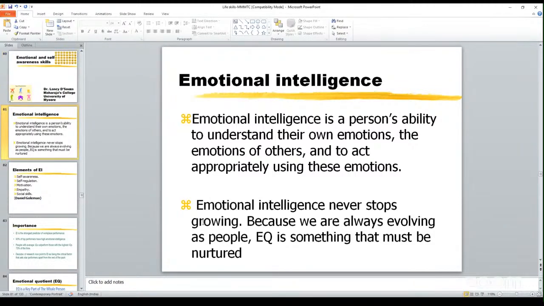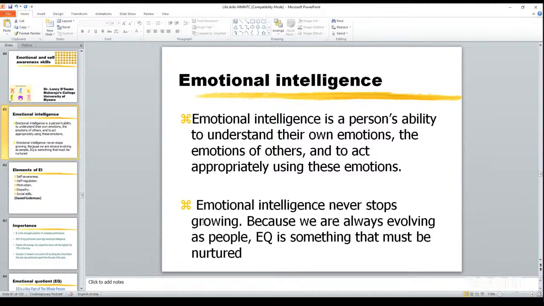emotions. So, suppose some person comes angrily and shouts at you, you don't have to shout back. That means you are not understanding the emotion of the other person, and you are overemphasizing your emotions. This is not emotional intelligence. This is a normal way of reaction.